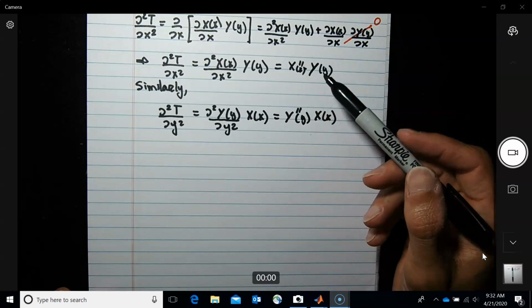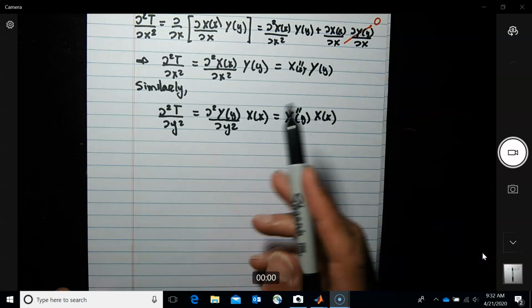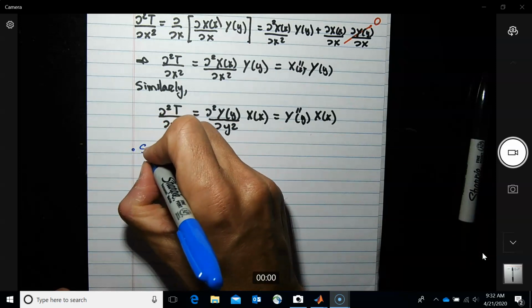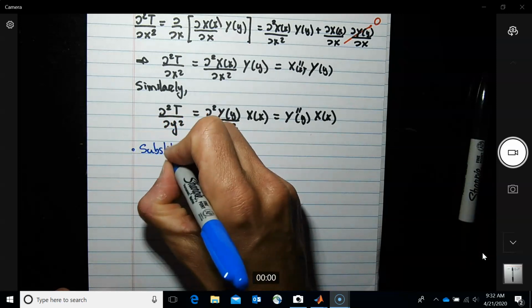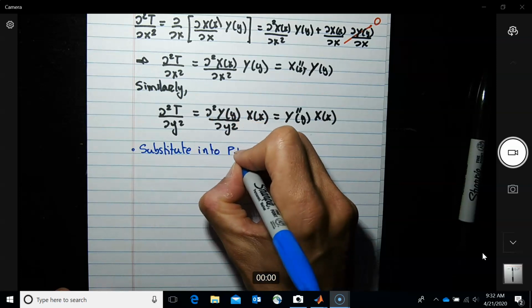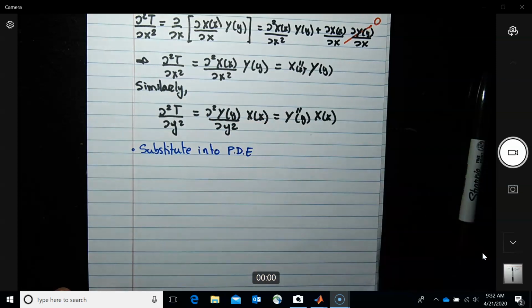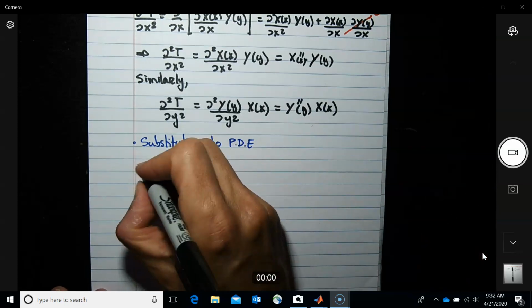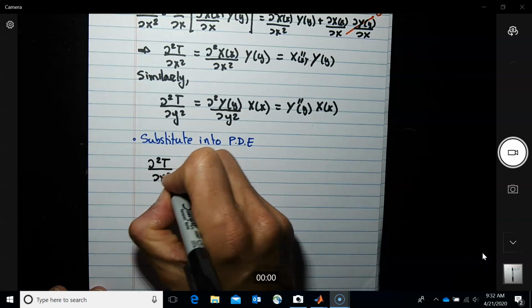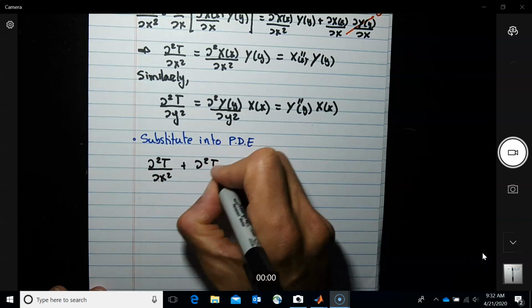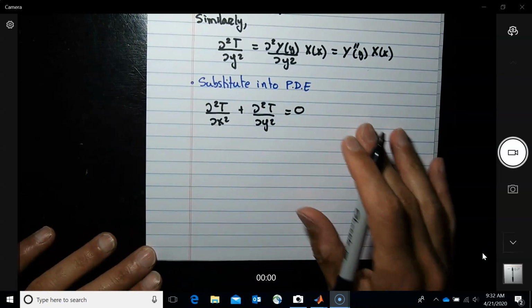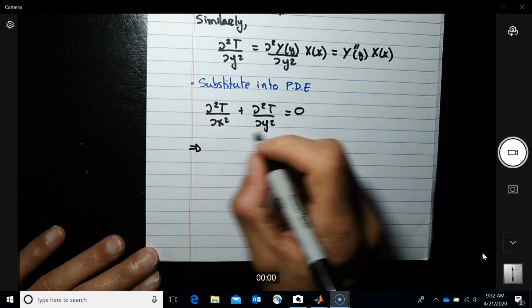Okay, and so what happens now is that you substitute into the PDE. So what do you get? You get that this equation, the PDE, would become what?